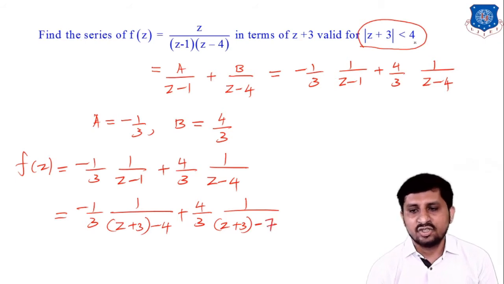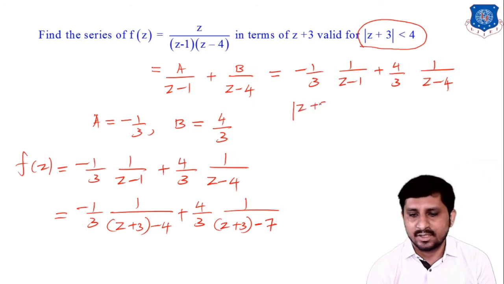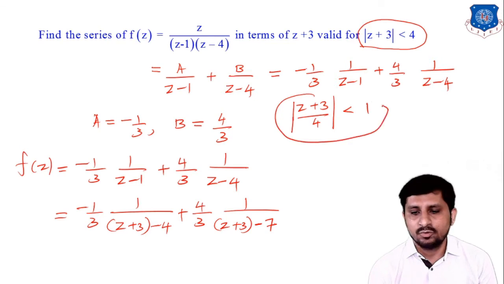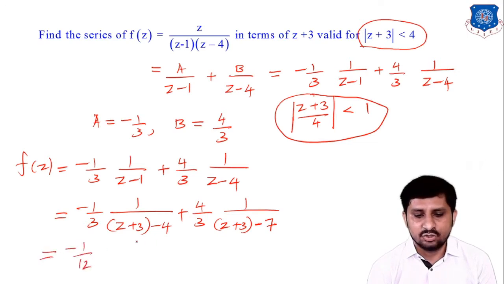Clear? And because |z + 3| < 4, I can write |z + 3|/4 < 1, and this term I can use in my series. So I can write 4 outside the bracket, so this is -1/12, 3 into 4.